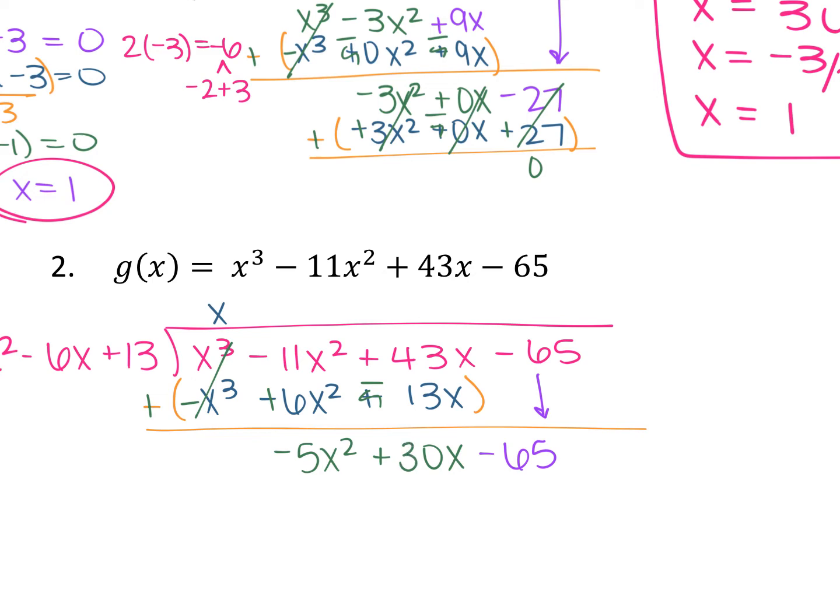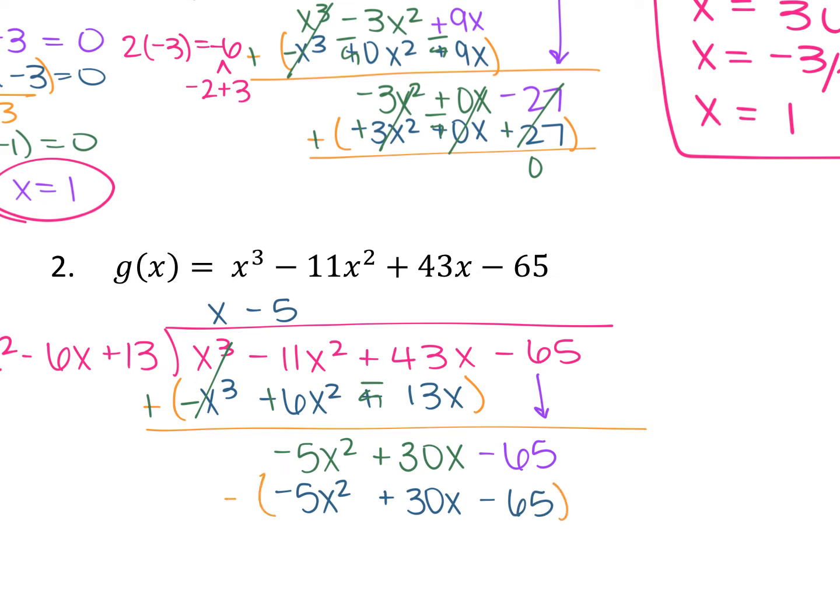So now work with this. You have 3 terms on the outside, 3 terms underneath. The x squared times negative 5 is negative 5x squared. That negative 5 times negative 6 is positive 30x. And then the negative 5 times 13 is negative 65.